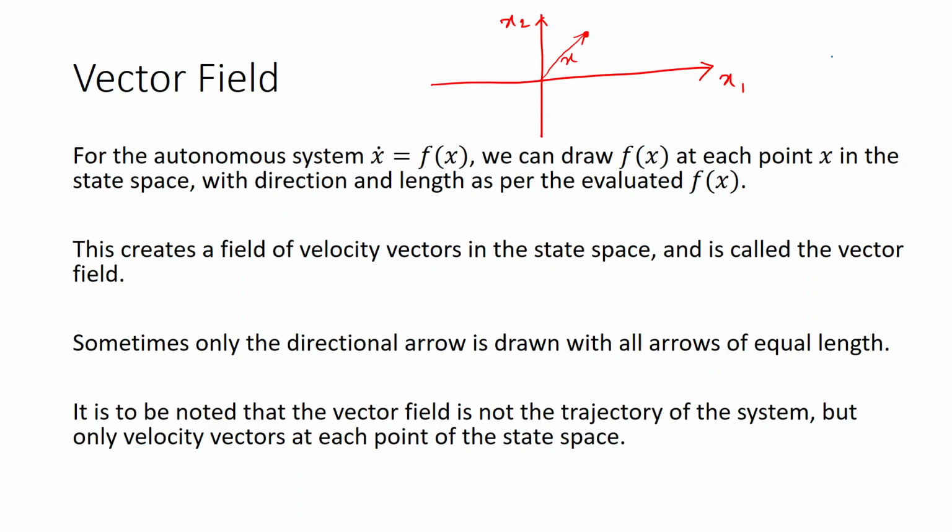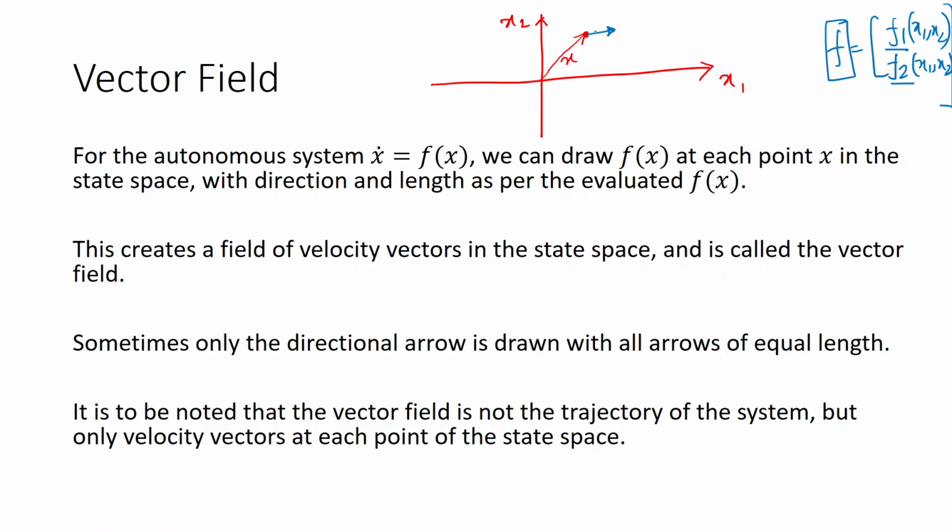So f is basically f1(x1, x2) and f2(x1, x2). You will calculate this f1, you will calculate this f2, and this will form a vector f which has some magnitude and direction at this point. Suppose that magnitude and direction is like this.